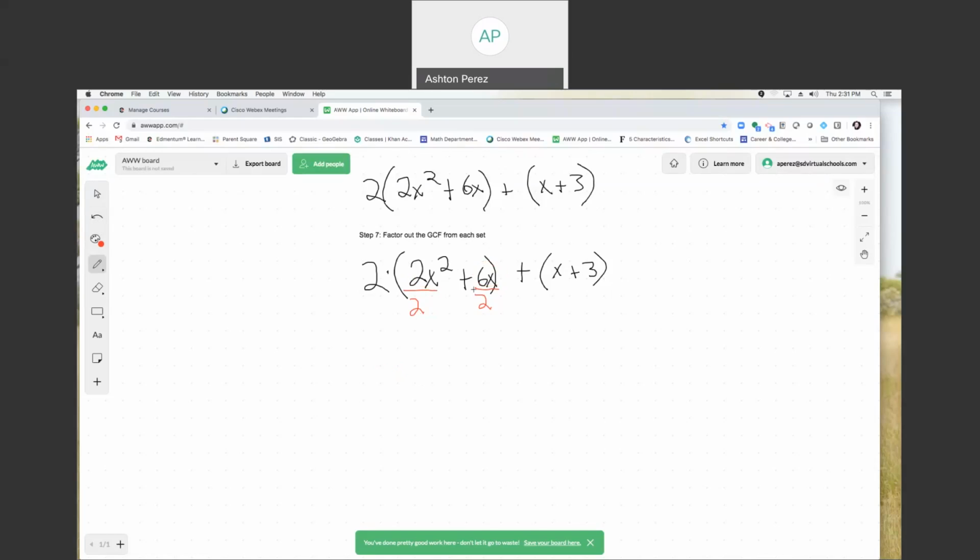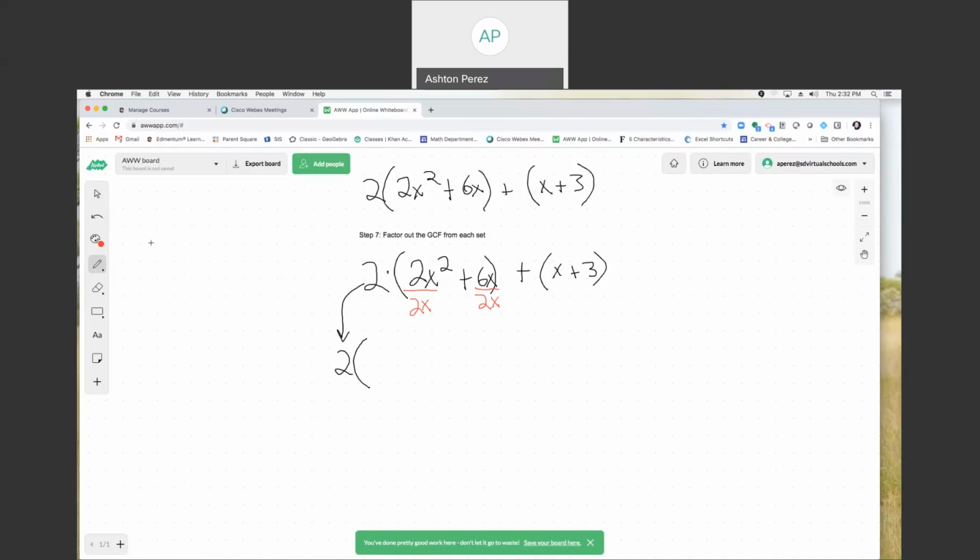So you want to pull out the least amount of variables you can. So at least we can pull out a single x from both because they both have at least a single x, okay? All right, so let's do our thing. So this guy gets dropped down because we don't want to lose him, right? Remember, don't want to lose that guy.